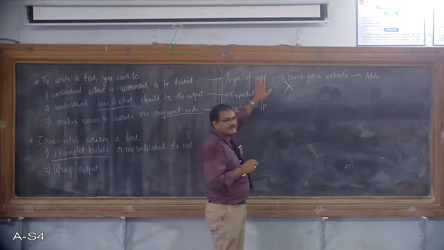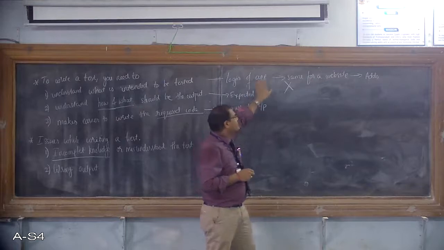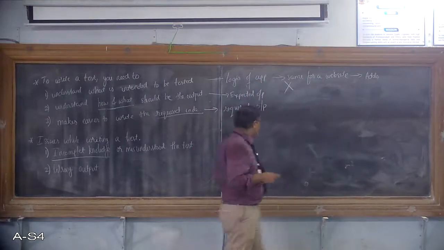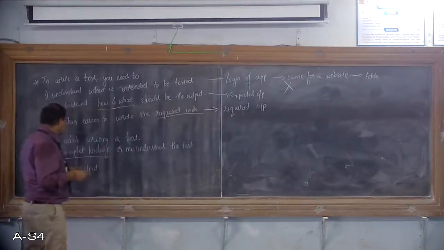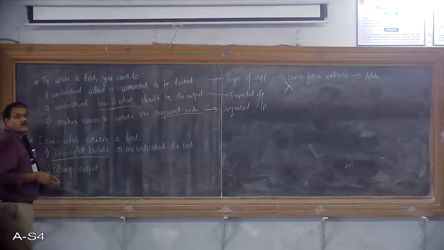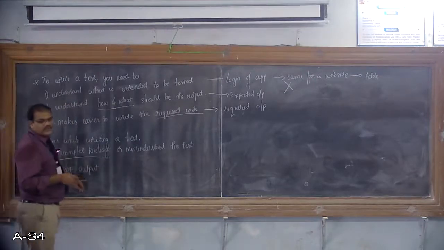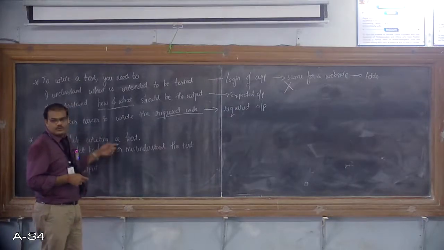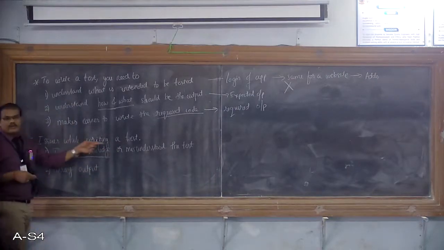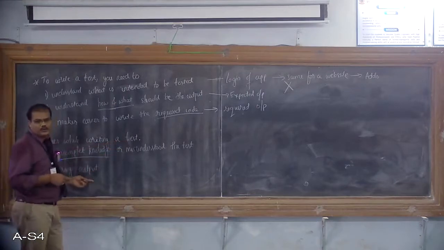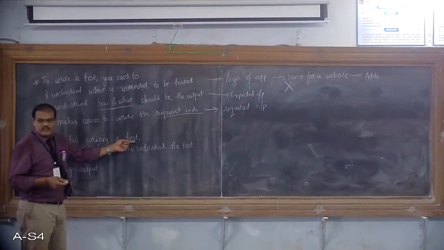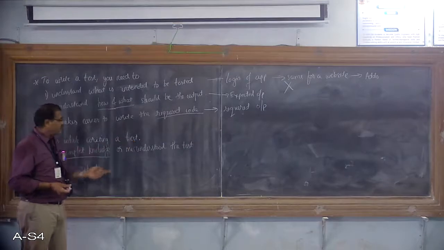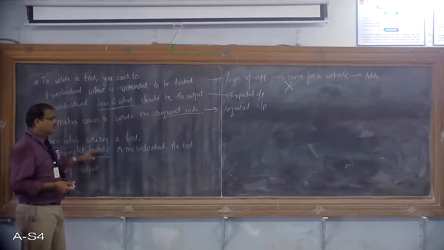So the test I am going to use for the application is different from my website, and here I have misunderstood what they are. The other one is that I have written a test, but I am getting a wrong output. Means my test, not the code, but the test I am going to perform on my code, is giving me a wrong output. So these are my two issues.